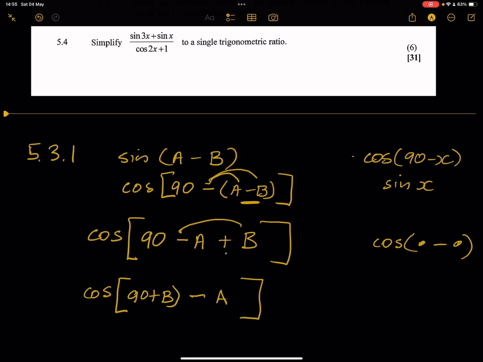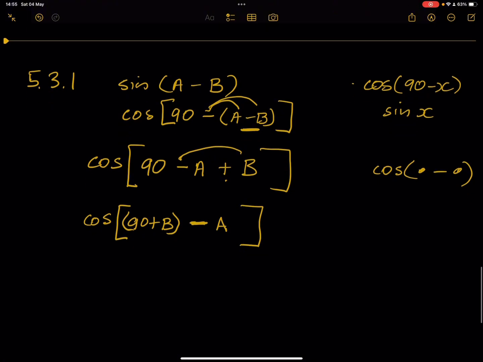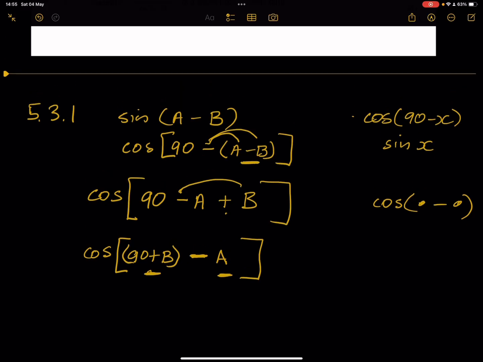I'm going to take this as one thing, and I'm going to take cos a as something else. So in this case, now we know what cos of something minus something else is. So I want you please to note, this is my first angle, this is my second angle.